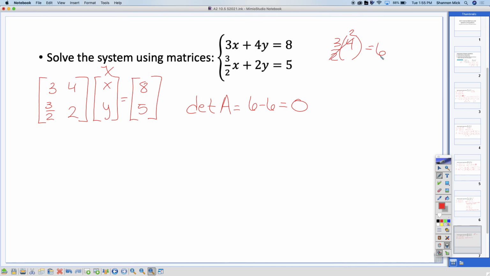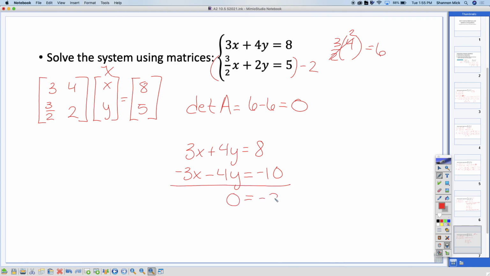So multiply everything by negative 2. Negative 3x minus 4y equals negative 10. 0 equals negative 2. So that is no solution.